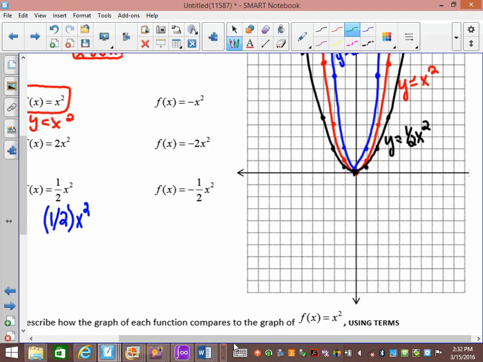Okay, so basically every y of the red is negated. So when it becomes negative, we actually get a concave down parabola.